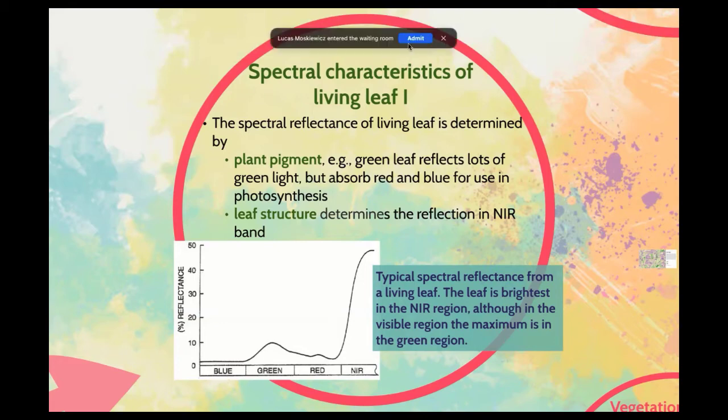Which basically means there's really no sharp cutoff. So the red edge refers to this transitional portion between the red band and near infrared band whenever we're looking at vegetation. And this portion is important for mapping vegetation, also for defining vegetation indices.